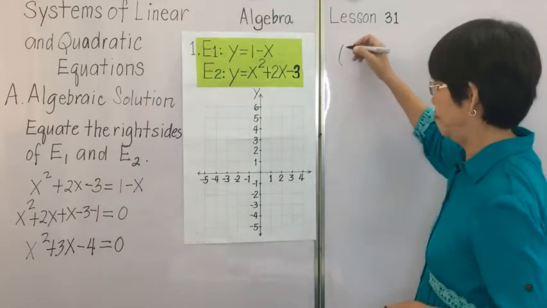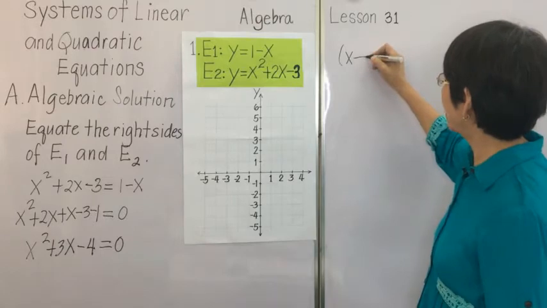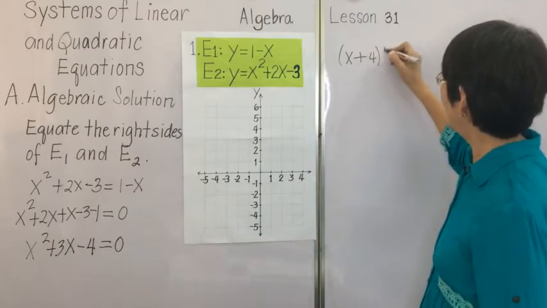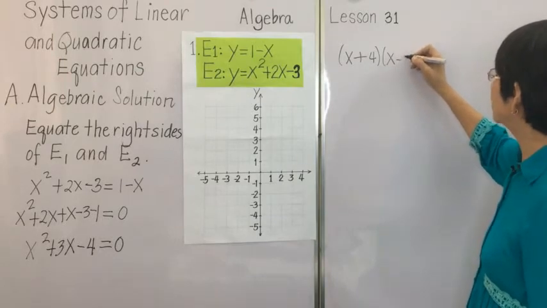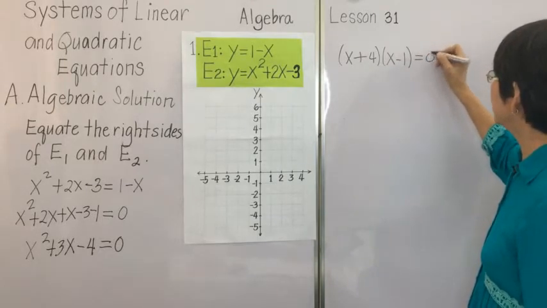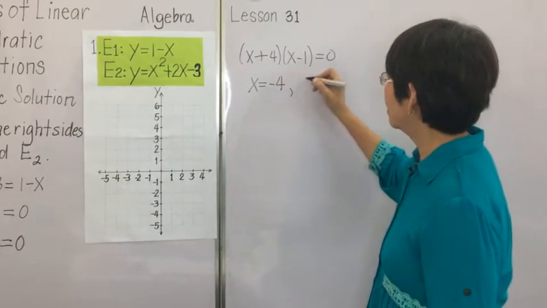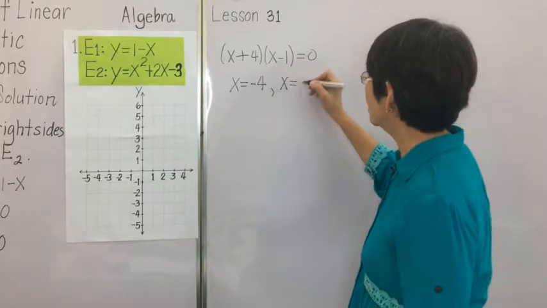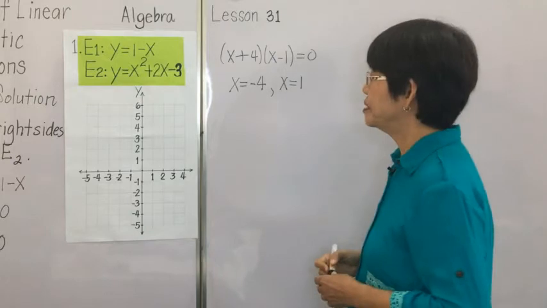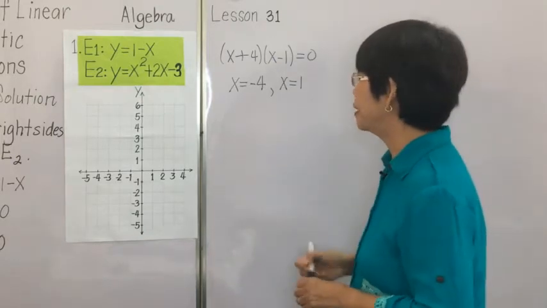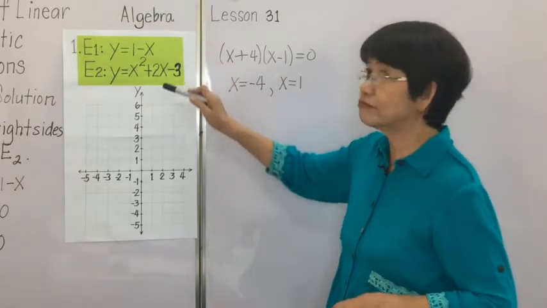We have x plus 4 and x minus 1 equals 0. So x is equal to negative 4 and x is equal to positive 1. And we will be solving for the values of y. So we can substitute these values to any of the two equations.